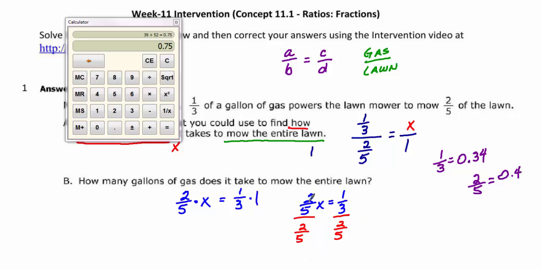So now I'm going to convert this. I've got 2/5 X equals 1/3. This is my big one right here. And so my answer is going to be X is equal to the 0.34 divided by the 0.4, 0.85.